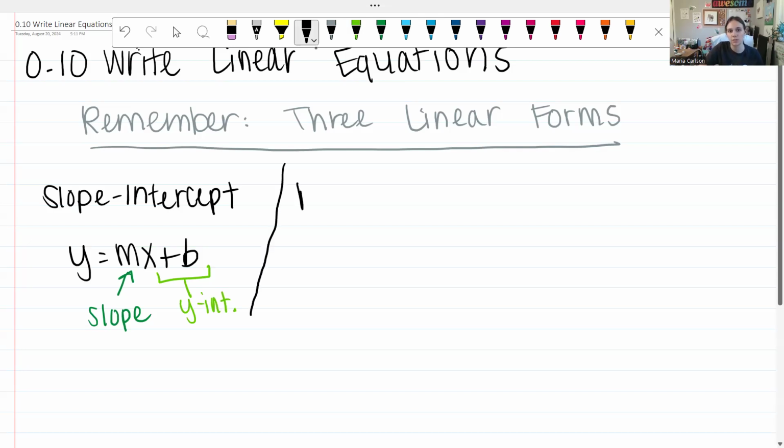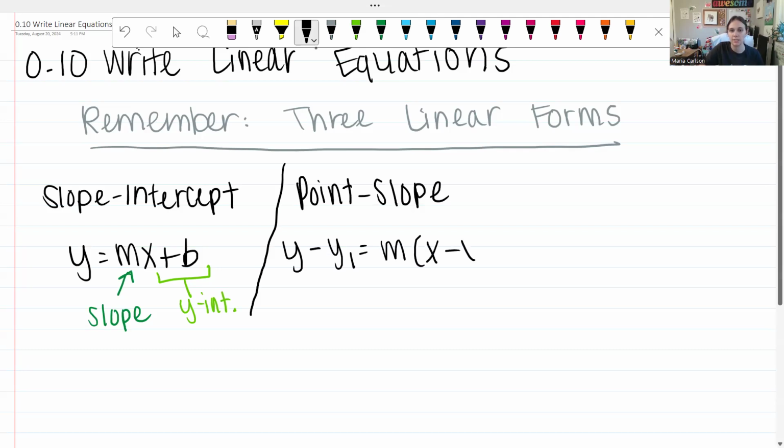Another form that we learned in lesson 0.9 is point-slope form, which is the form y minus y1 equals m times x minus x1, where again m is your slope. But this time, we don't get the y-intercept.